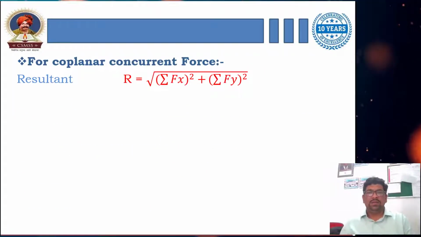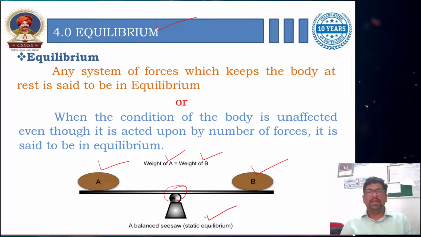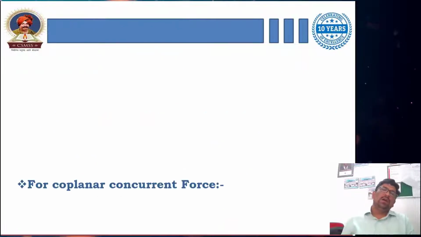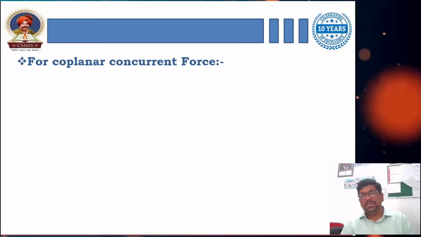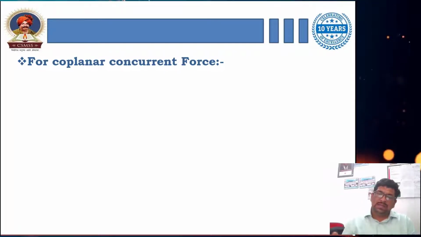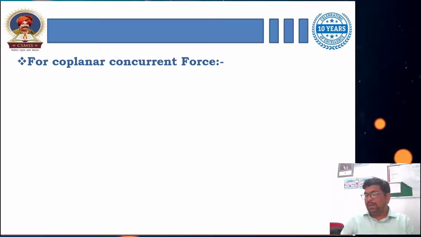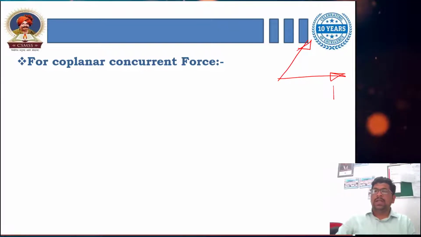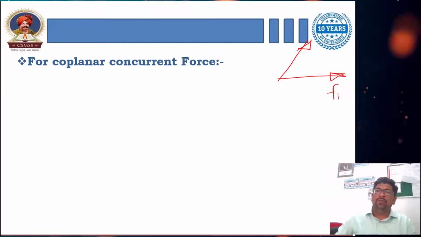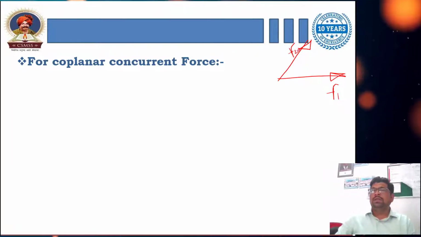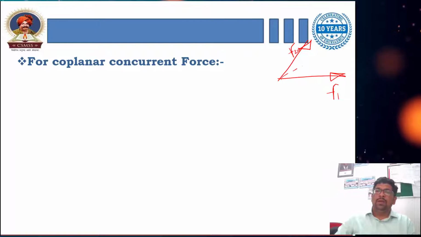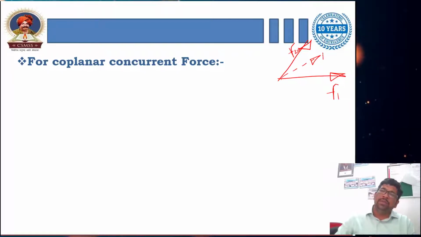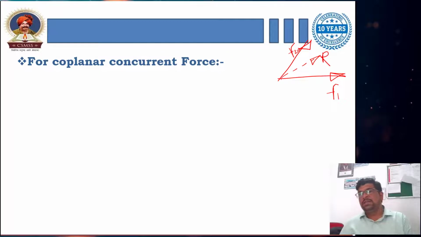Now, for the next calculation, we are supposed to calculate the resultant force. We have already seen in previous lectures that if we have any force system, say a concurrent coplanar force system with forces F1 and F2, then for these F1 and F2, one particular force can be represented, which is equal to R, that is the resultant.